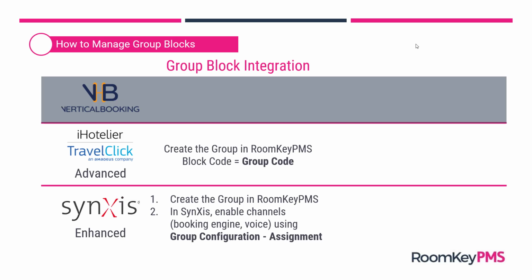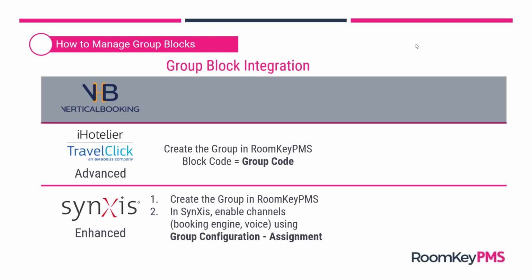You need to enable those distribution channels. So that could be your booking engine, or it could be voice booking. And you'll actually set that up in your SynXis GDS portal using the group configuration assignment tool. So really quick way to create those group blocks in iHotelier Advanced and SynXis Enhanced.